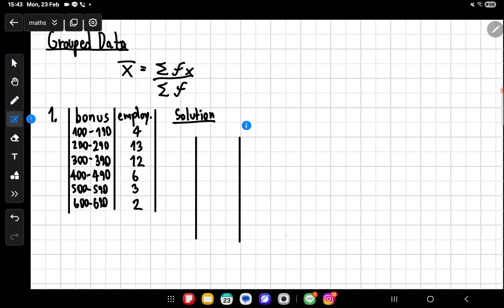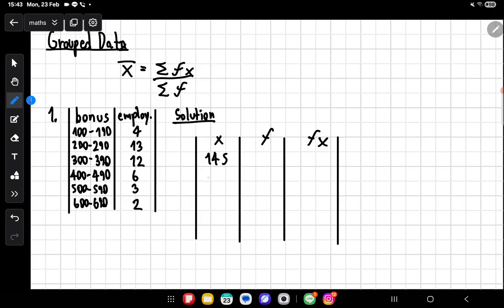Alright. Here's our new table. We're gonna write this as x, and these as f. Then fx. And just draw a new line here. First off, we have 145 from the fact that it's basically a median for each class.